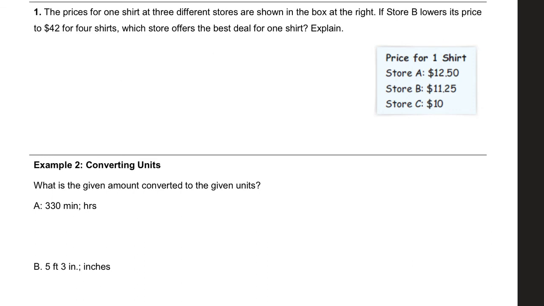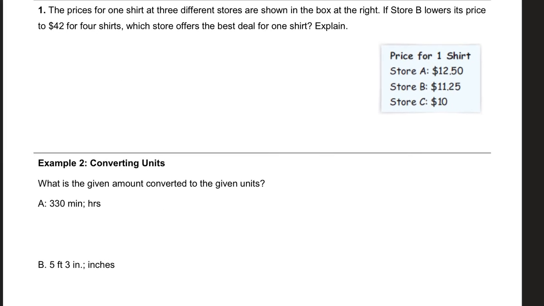So let's just look at store B's changed pricing. Okay, so right now store C is the cheapest. I'm going to take $42 divided by 4. This would cost $10.50.